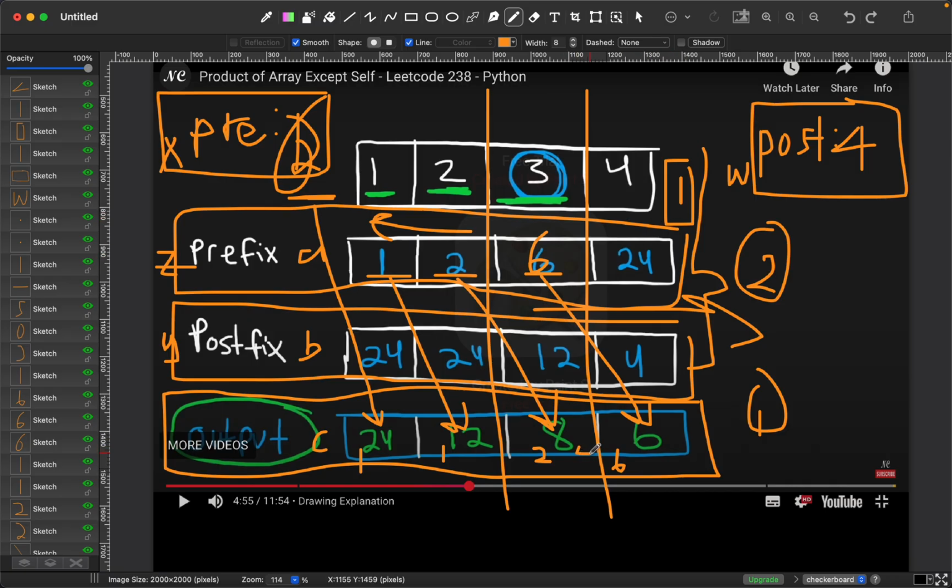So place the 4 over here. 4 times 2 becomes 8. 4 times 3 gets a 12. So 12 is over here, and be multiplied over here. 12 times 2, 24.